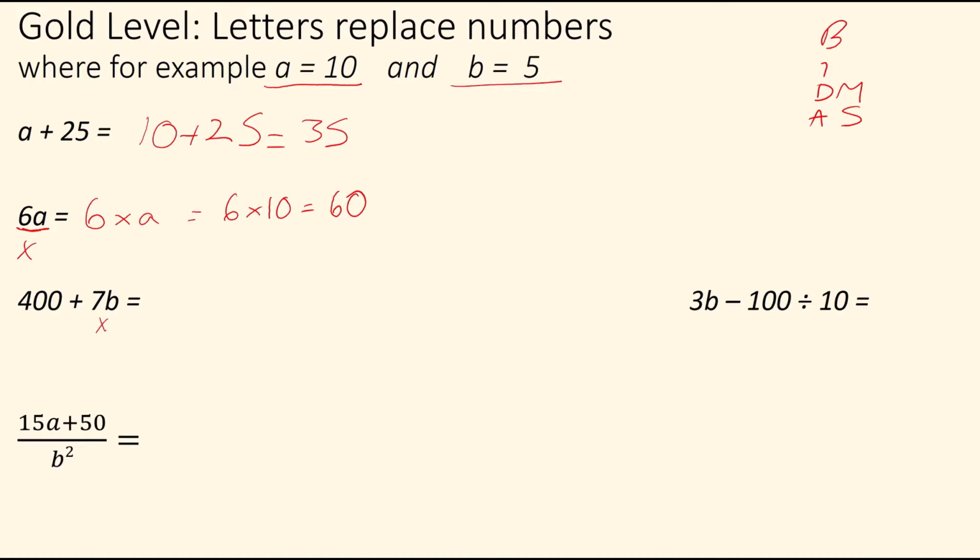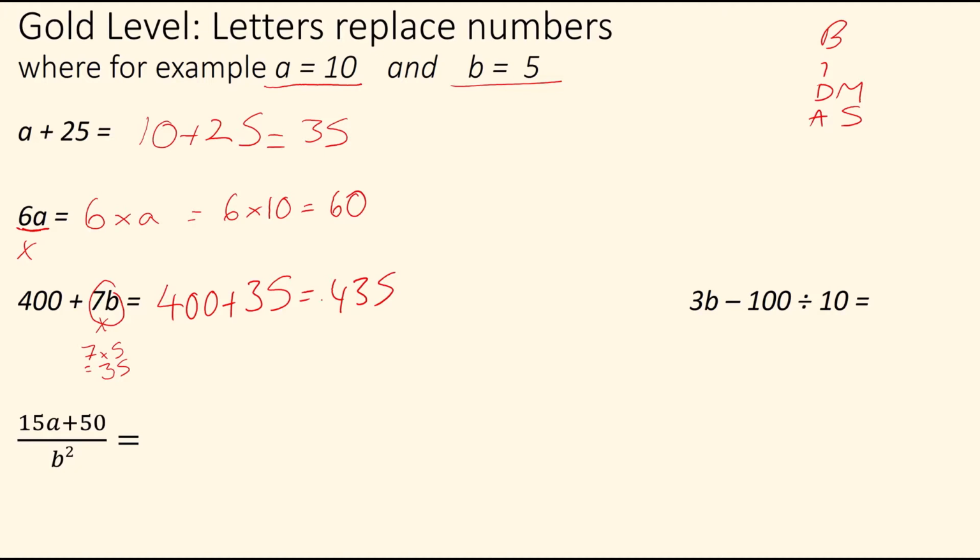So what comes first? M for multiply comes before A for addition. So 7 times B. What is B? B is 5. So just underneath, I'm going to do 7 times 5. Well, that equals 35. So this bit here I could replace with 35. So 400 plus 35 equals 435.